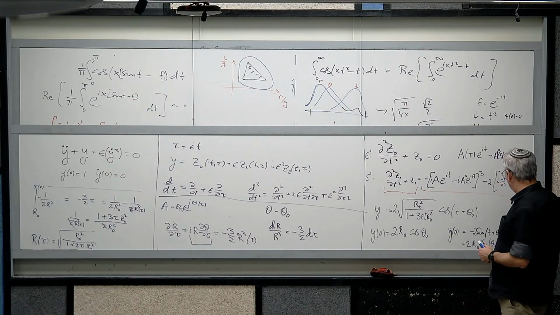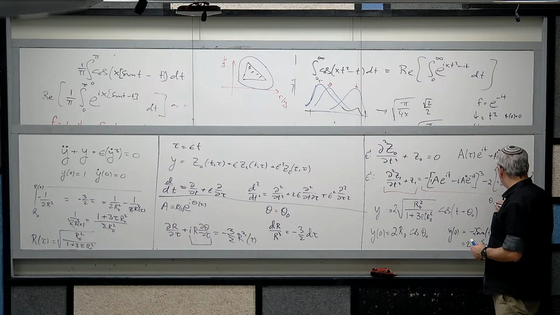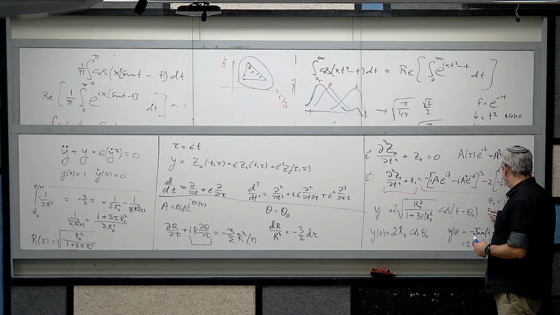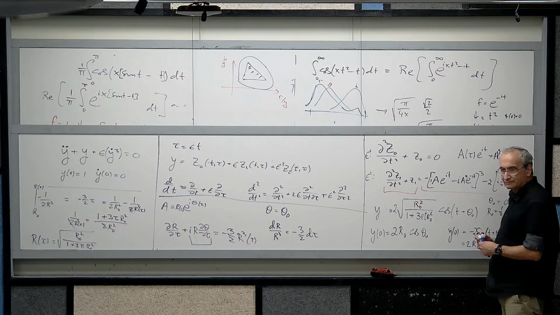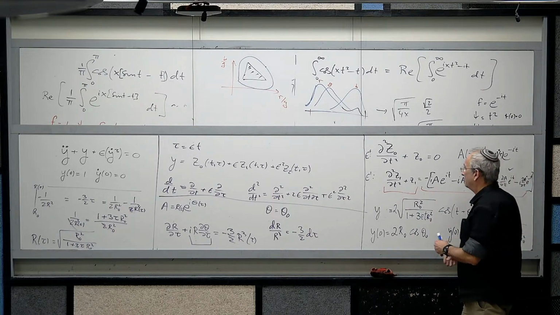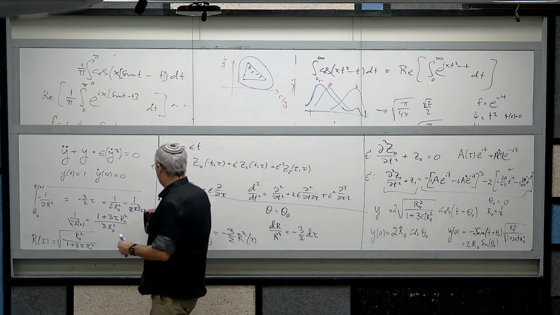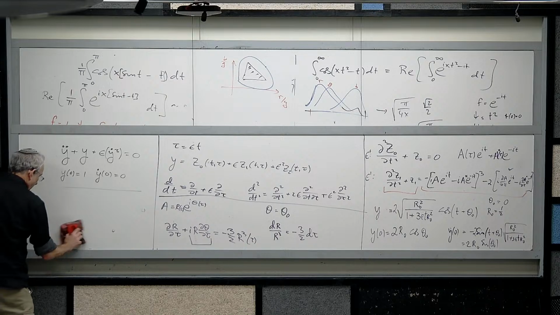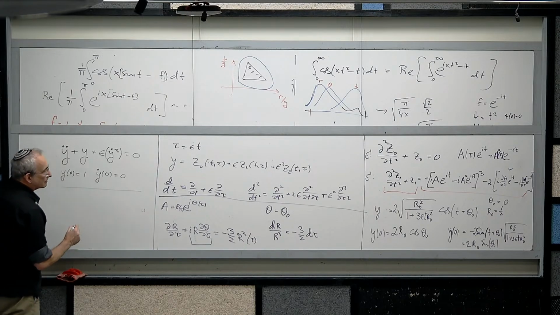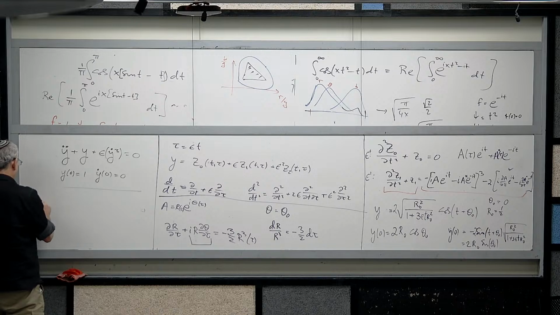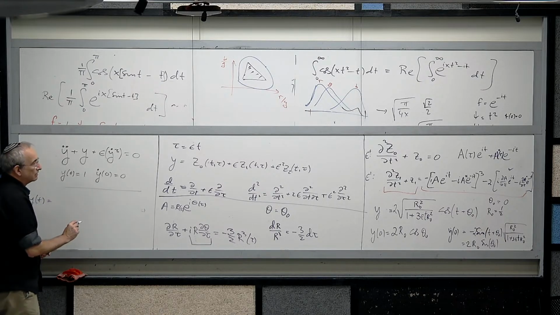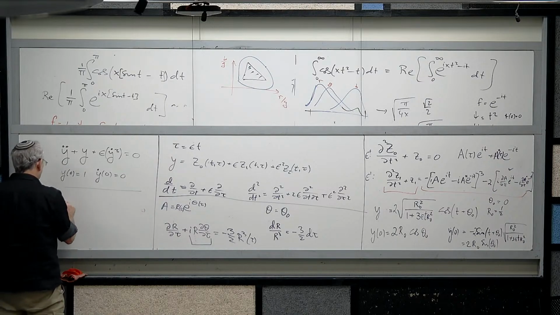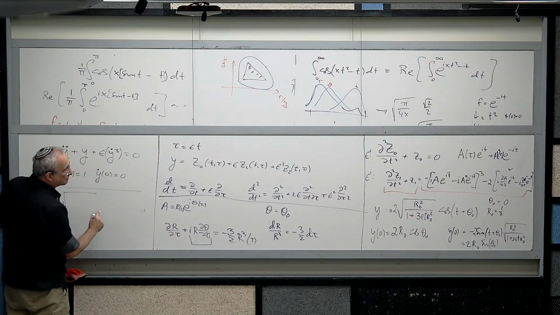Okay? So the only choice that I have is theta naught equals 0 and r naught equals 1/2. And therefore, my solution for y is y of t equals 2 times the square root, where r naught squared is 1/4.